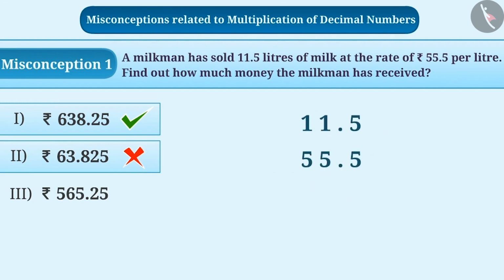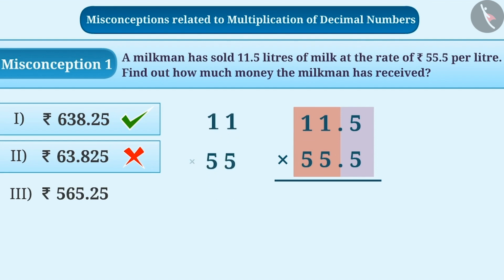Some students think that in order to find the multiplication of decimal numbers, the whole number part and the part of the whole are multiplied separately. In order to solve 11.5 multiplied by 55.5, 11 and 55 are multiplied separately and 0.5 and 0.5 are multiplied separately.